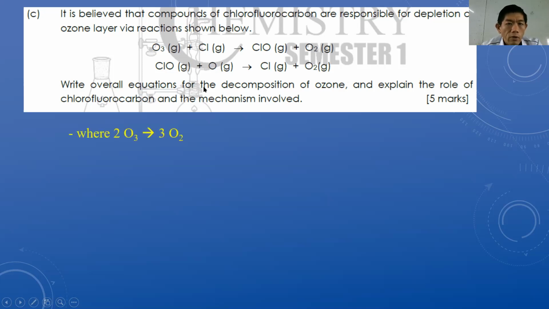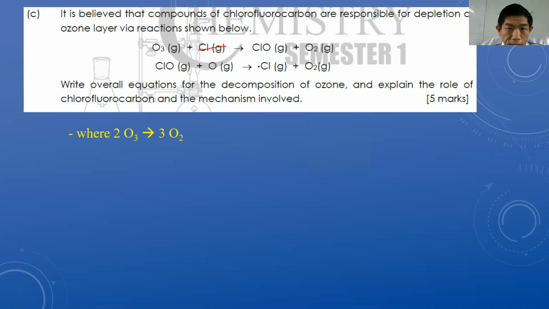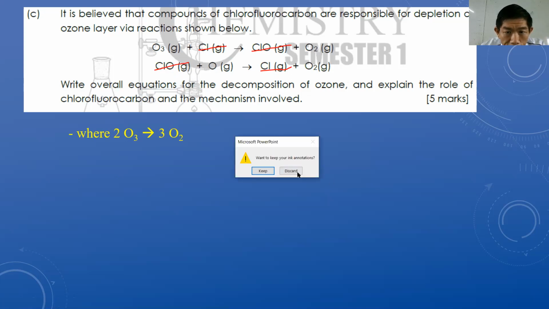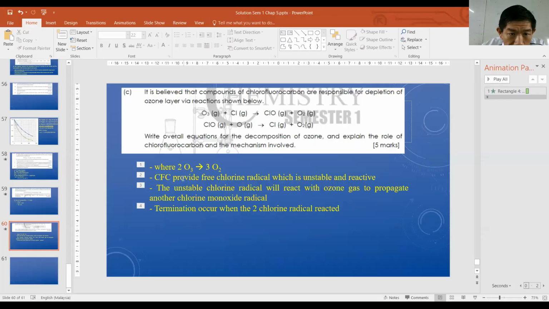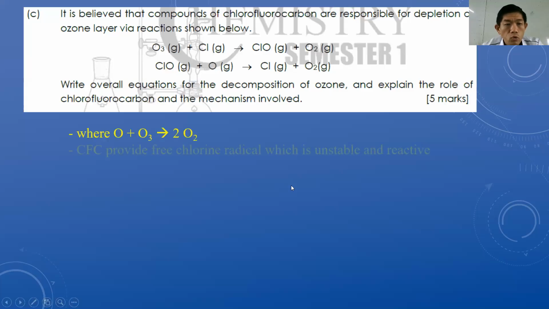If you notice carefully, you can cancel Cl with Cl, ClO with ClO. So the overall equation is O plus O3 gives 2O2.